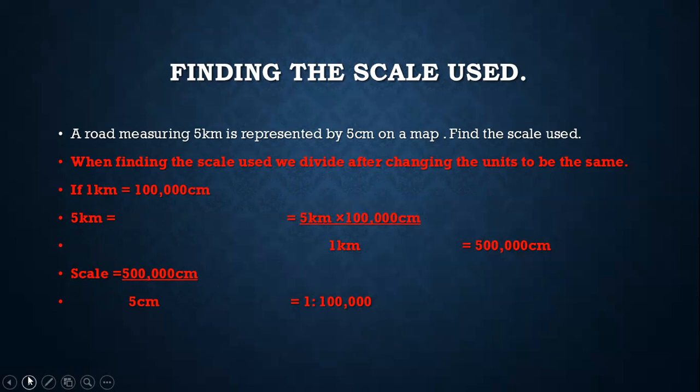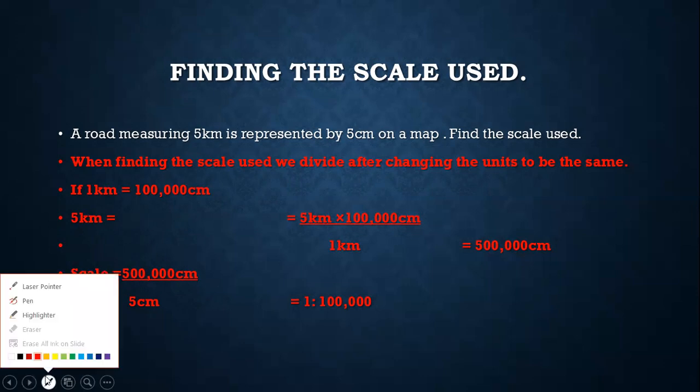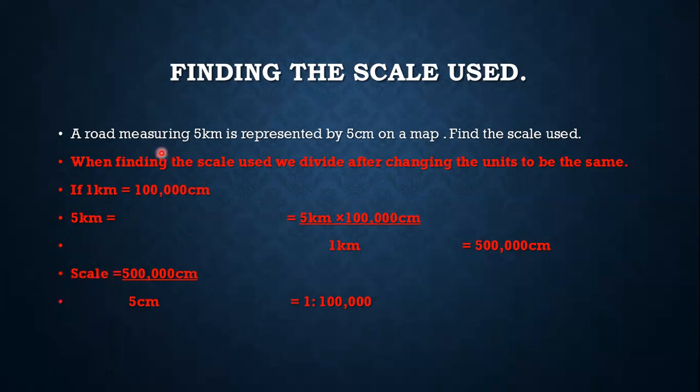Find the scale used. Anytime someone asks you to find the scale used, just know that you change the distances into the same units, and then you divide. Then you write your answer in ratio form.